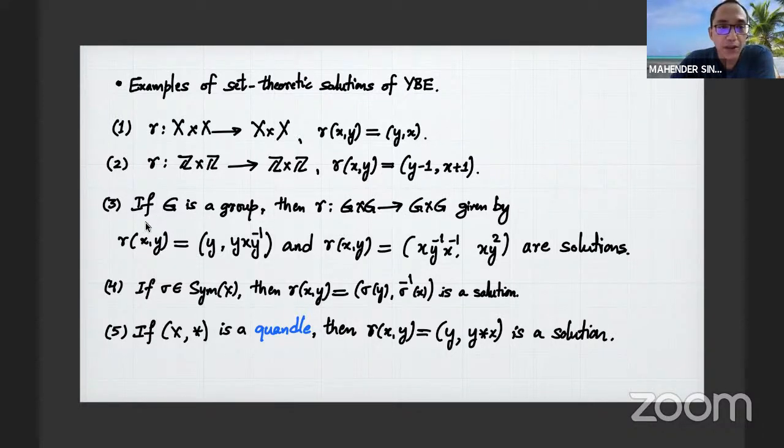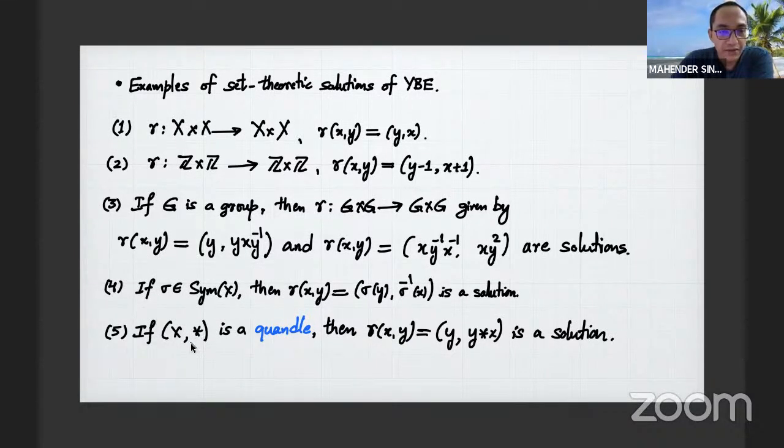And if you take a group and you define the solution R as R(x,y) equals (y, yxy^-1), and take another example, R(x,y) equals (xy^-1x^-1, xy^2), then one can easily check that these are set theoretic solutions of the Yang-Baxter equation. Okay, so these are groups; you can say integers are also a group. And the fourth example: if you take a permutation sigma of a set and you set R(x,y) as (sigma(y), sigma^-1(x)), it's also a solution.